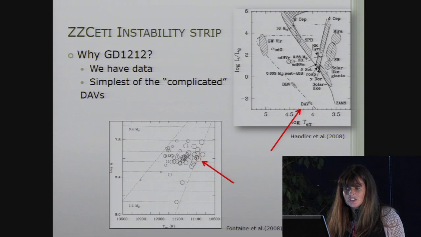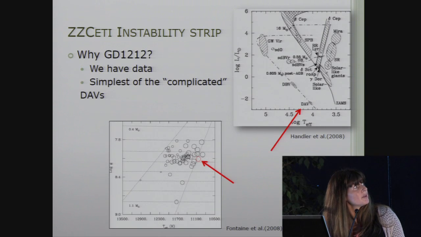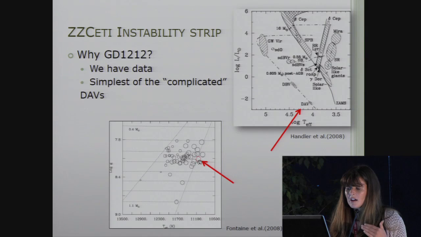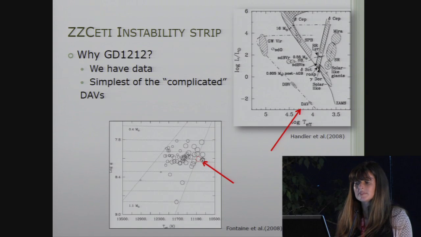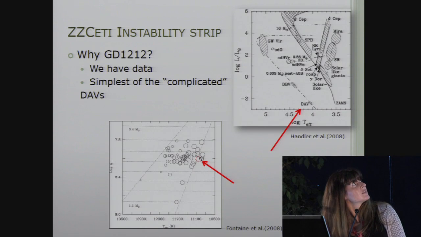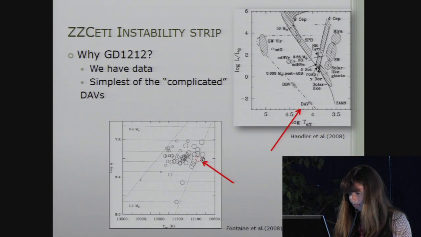Well, basically, why GD1212? Because we had data that came in, and they were pretty nice data. And as we move further away from the middle of the strip and get to the red edge, we see the nonlinear effects fade a little bit. So it's the simplest of the complicated pulsating white dwarfs, or ZZ white dwarfs.